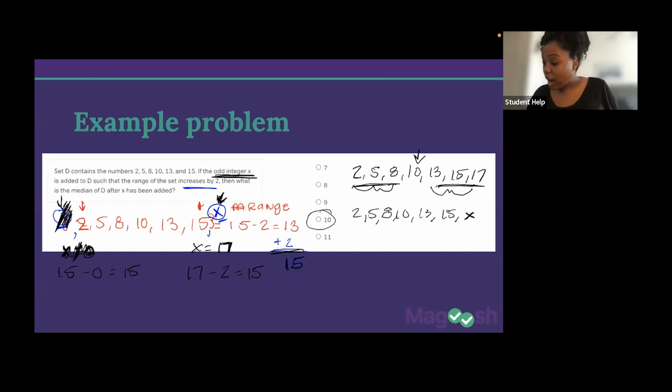And we know that we want our new range to be 15. So technically what I'm saying here is X minus 2 must equal 15. X, largest number, 2, smallest number. And then I just kind of combine those steps here. X equals 17.